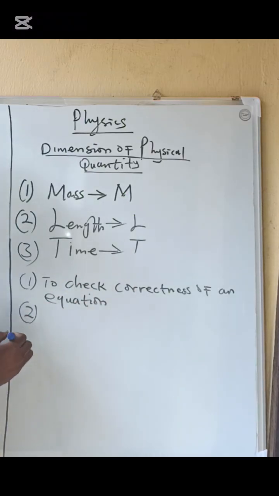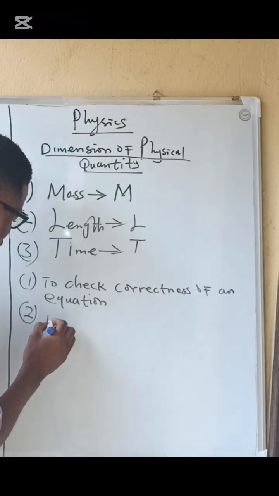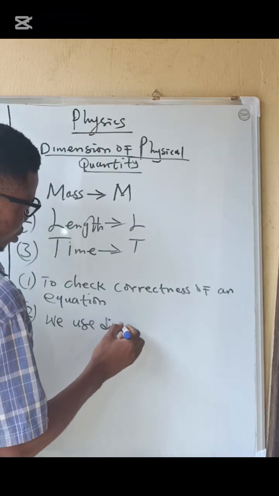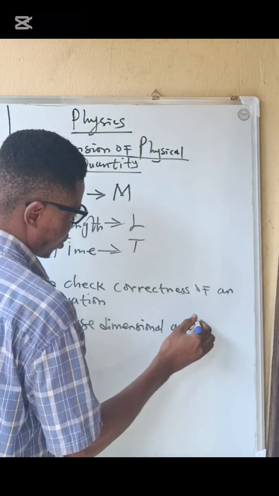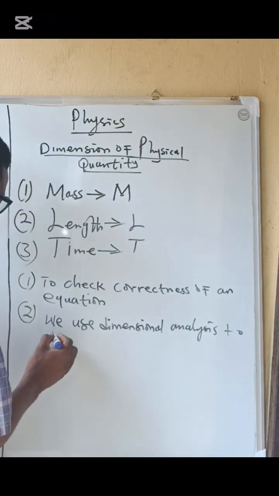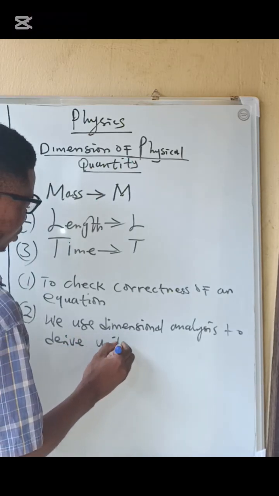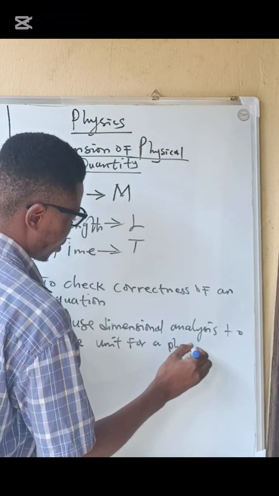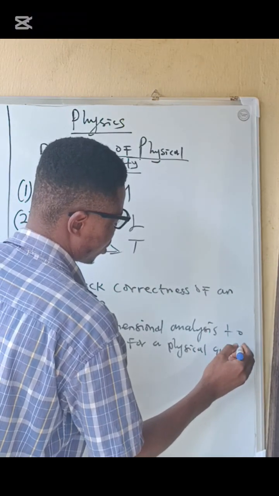Number two, we use dimension analysis to derive units for a physical quantity.